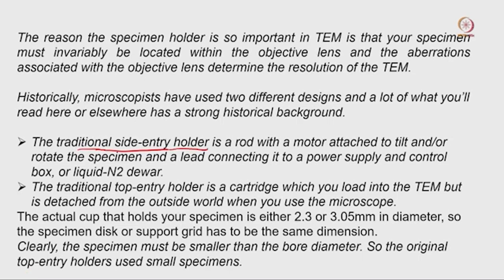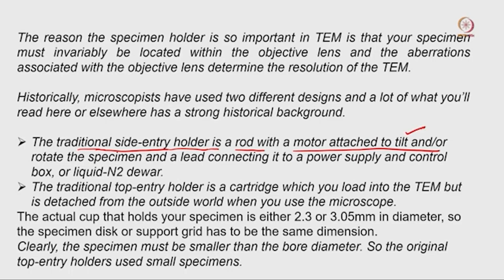If we have the column and a goniometer at the side, as I was showing you in the electron microscope diagram, at the side there is a goniometer or stage where you can use the traditional side entry holder. The side entry holder is basically a rod, almost one foot or a little bit longer, with a motor attached that helps us tilt and rotate the specimen.